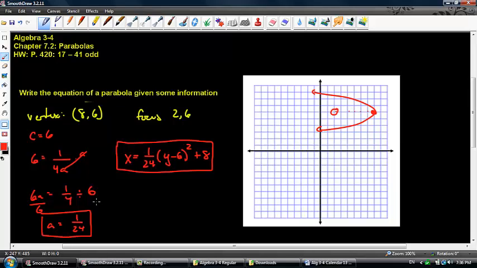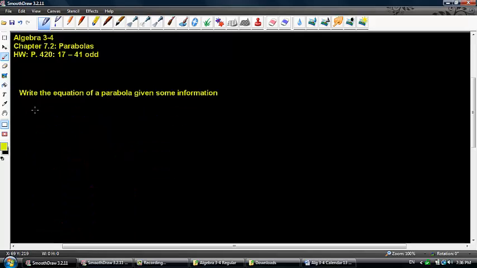All right? Let's do one last one where they throw you a little bit of a curveball again. Now they give you focus is (-4, -2), and the directrix is x equals -8.